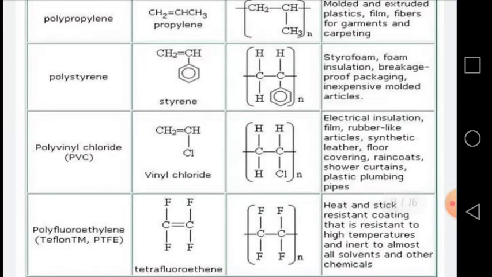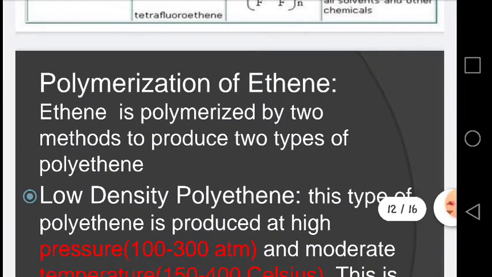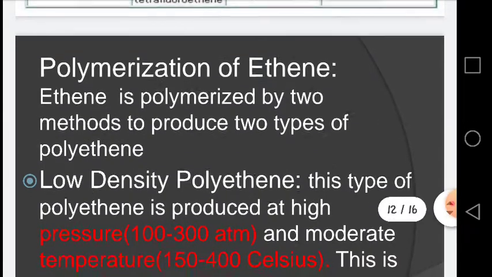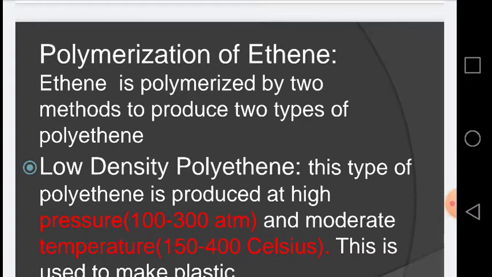Now we are moving towards polymerization of ethene. Ethene is polymerized by two methods to produce two types of polyethylene. One is to produce low density polyethylene.